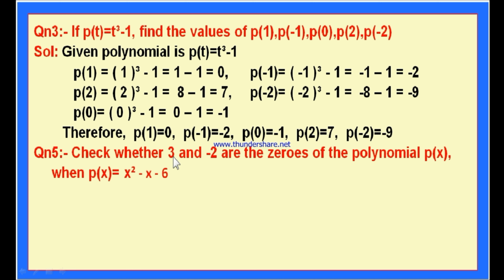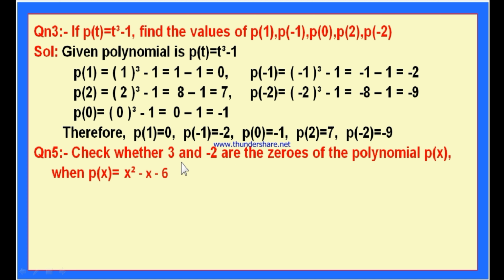But in the place of x, if you substitute x is equal to 3 or x is equal to minus 2 and you get the value of the polynomial not equal to 0, in such case you cannot say that 3 and minus 2 are zeros, or in other words you can say that 3 and minus 2 are not zeros.